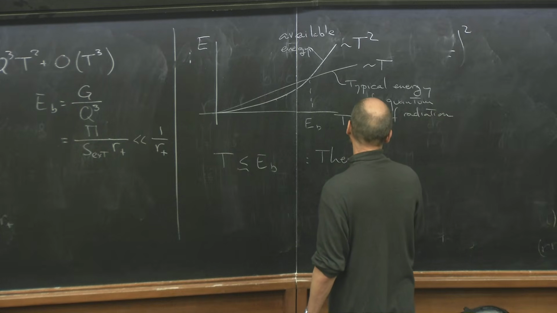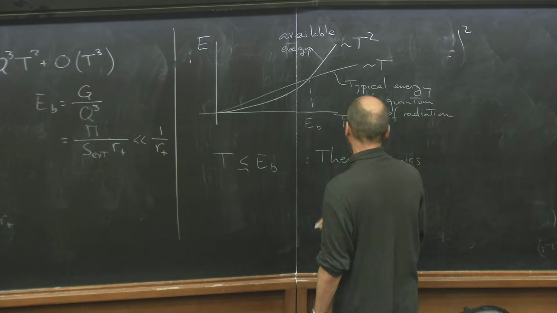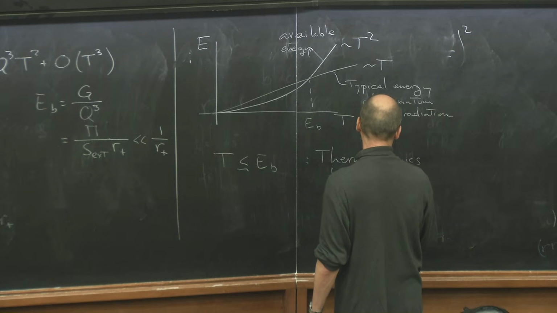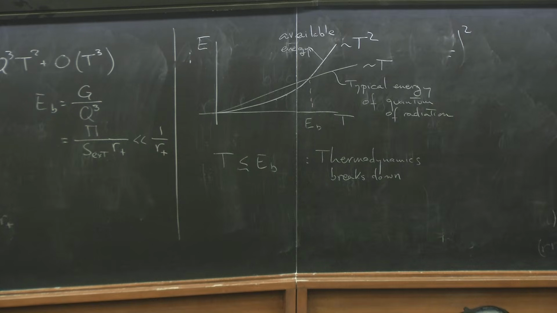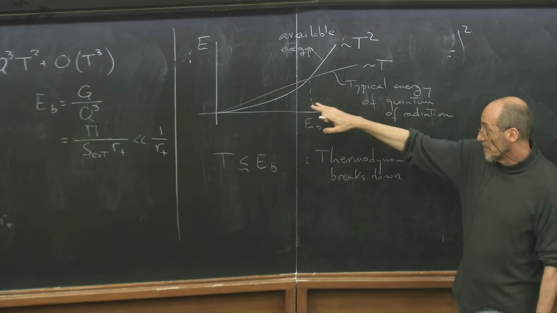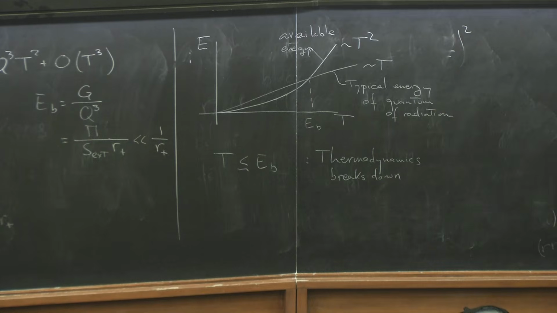So the thermodynamic limit breaks down. You won't have ensemble equivalence. The canonical and microcanonical ensembles won't be equivalent. Also, the Hawking calculation for emission of radiation can't be right. You don't have enough energy to emit thermally.